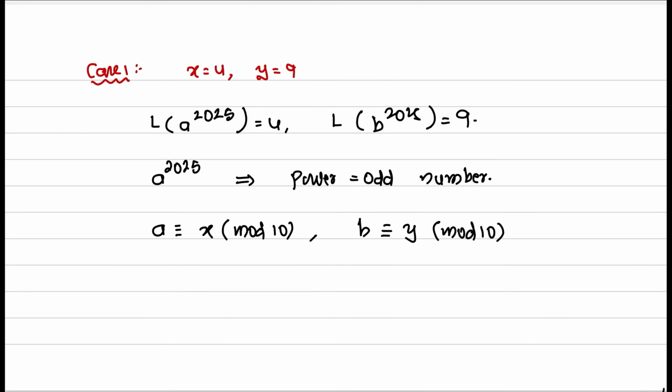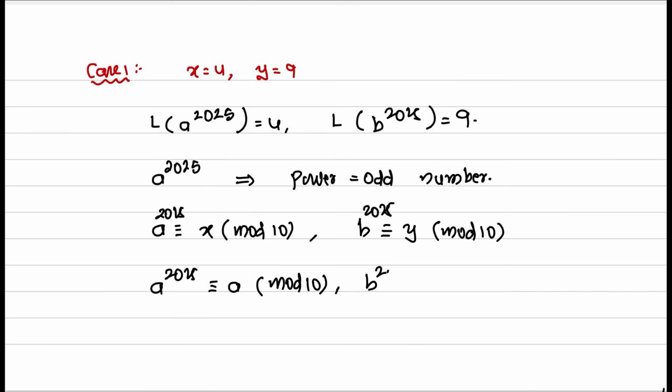Rather I can say a to the power of 2025 is equal to x mod 10 and b to the power of 2025 is equal to y mod 10, and a to the power of 2025 is equivalent to a mod 10 from the basics of number theory.